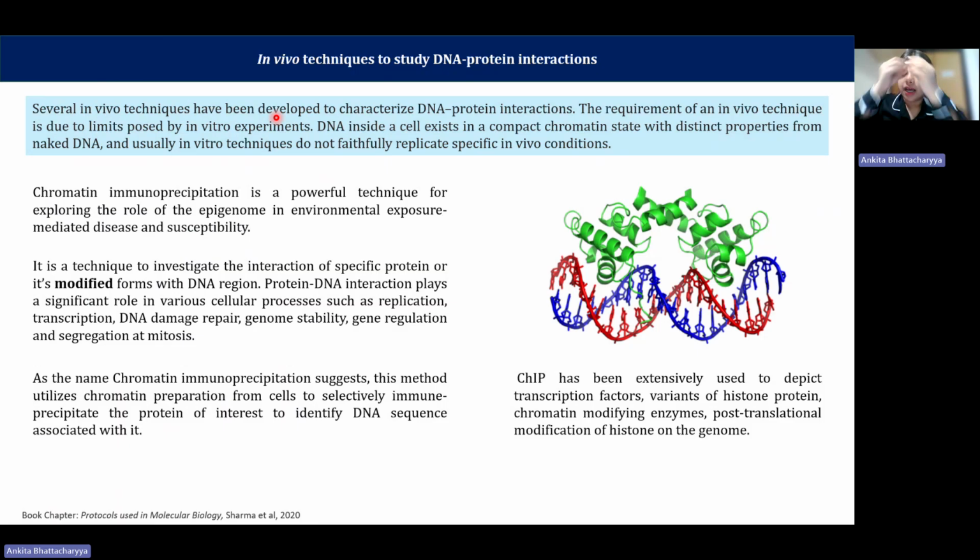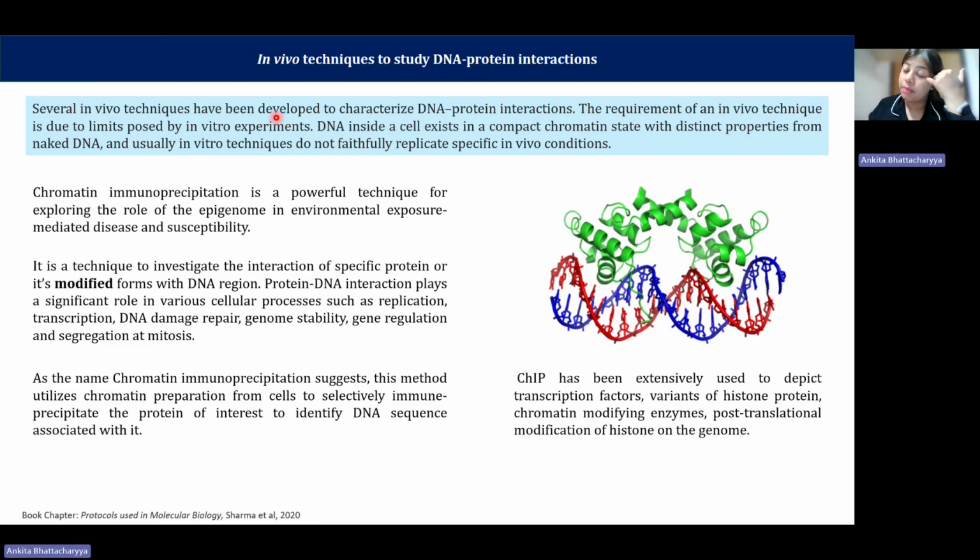Like, for example, we have discussed the epigenome previously, right? So each of these histones have certain residues which undergo modifications. Now, the type of histone modification and the residue on which that modification has taken place or has been put upon, that can dictate the effect of the presence of such a modification.